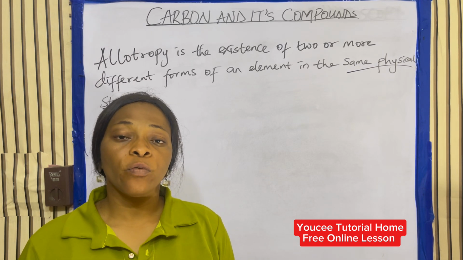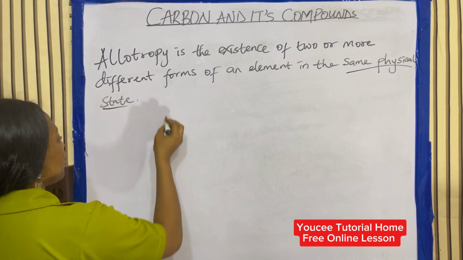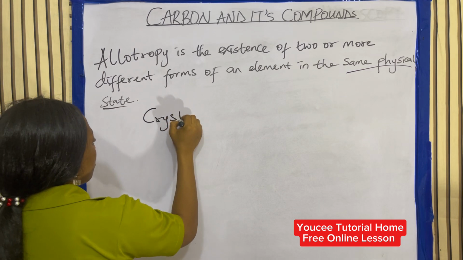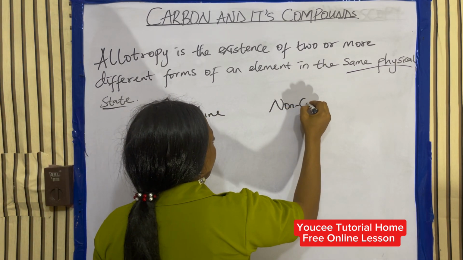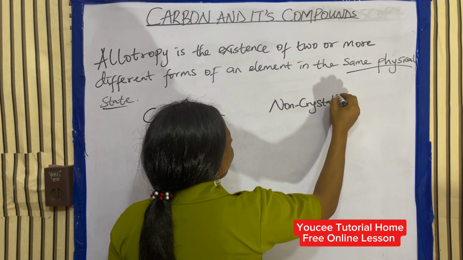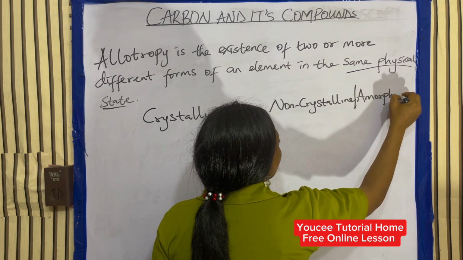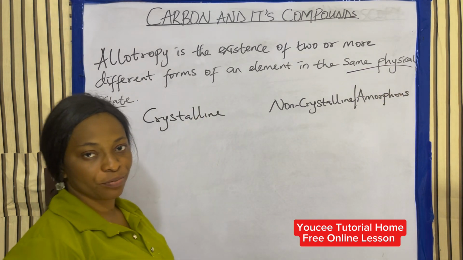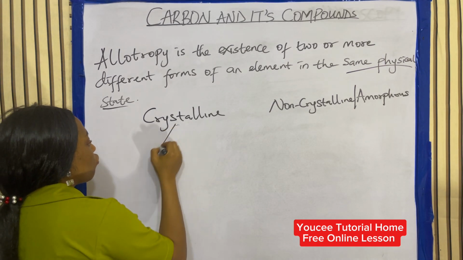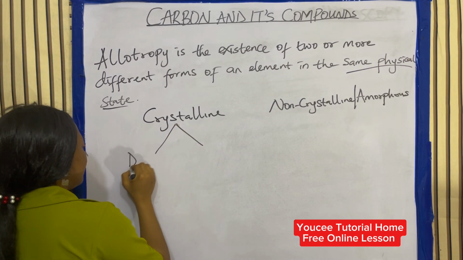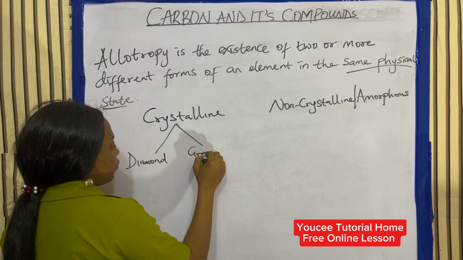Okay, now we're going to be looking at the allotropy of carbon. Carbon is basically divided into crystalline and non-crystalline, or what we call amorphous. Amorphous means shapeless; it does not have any shape. Under crystalline, the allotropes of carbon are diamond and graphite.